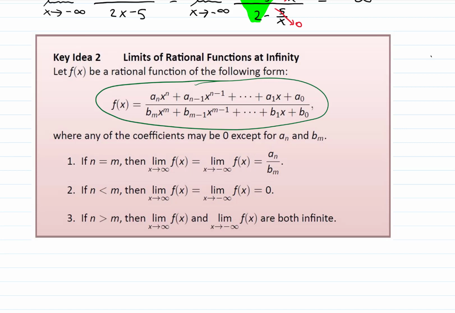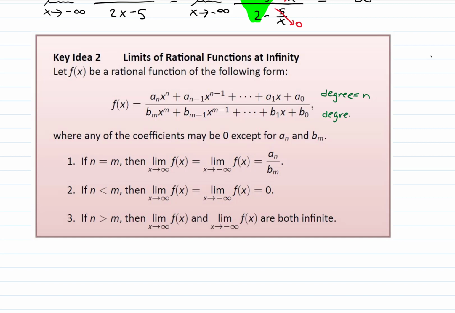The degree of the numerator is n. The degree of the denominator is m. Okay, and let's go through the three possibilities.